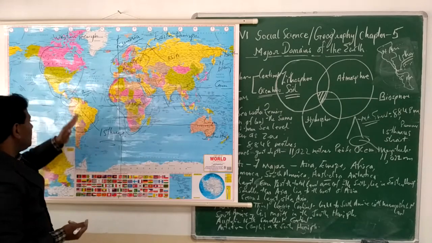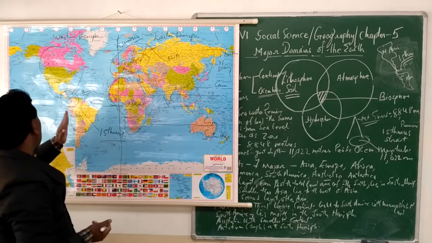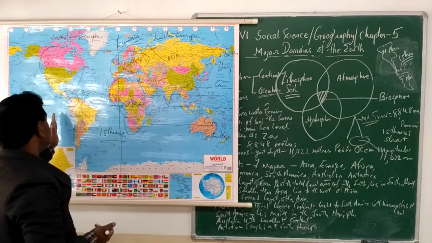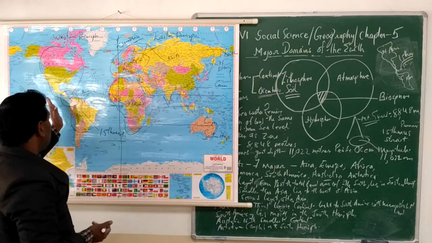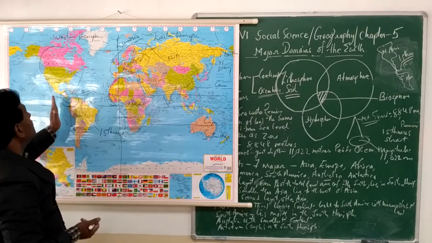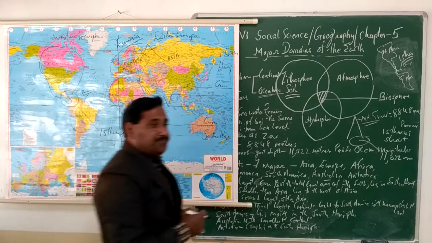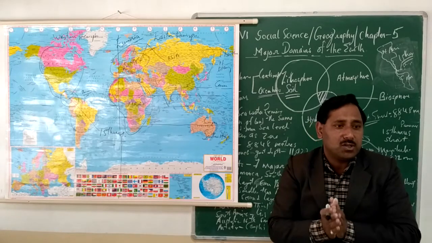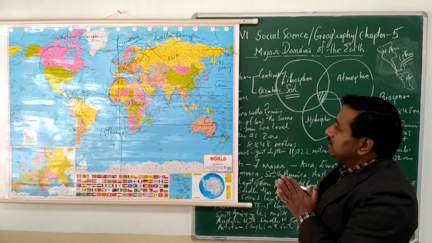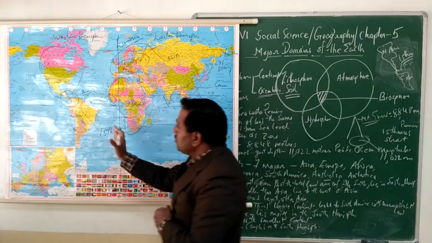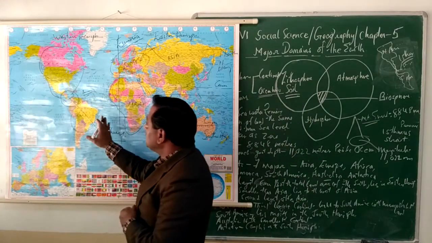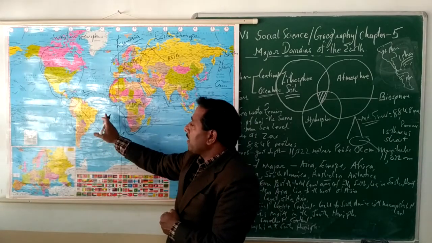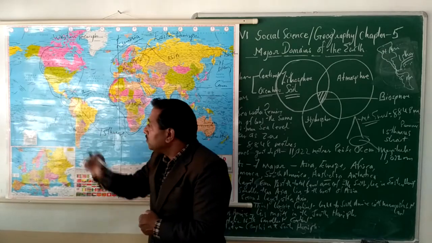So it is in the southern hemisphere, and it is part of the western hemisphere. Which two oceans surround it, on the east and the west? On the eastern part we have the South Atlantic Ocean, and on the western part we have the South Pacific Ocean.